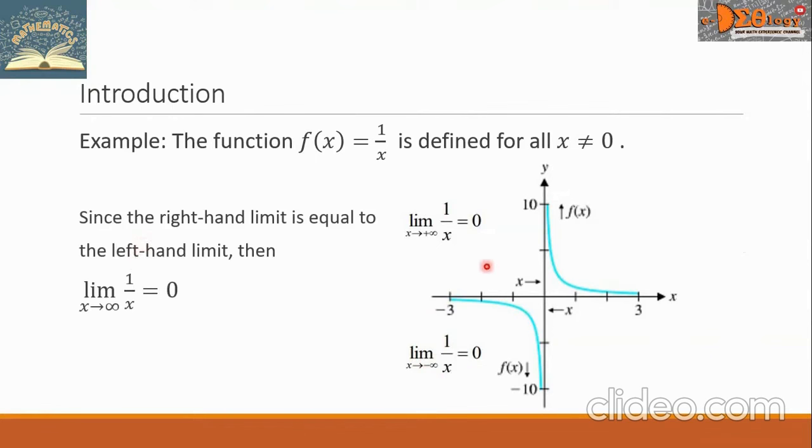Since the right-hand limit is equal to the left-hand limit, we write the limit of the function 1 over x as x approaches infinity, this time a two-sided limit, equals 0.